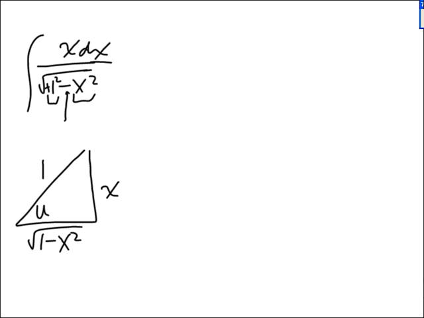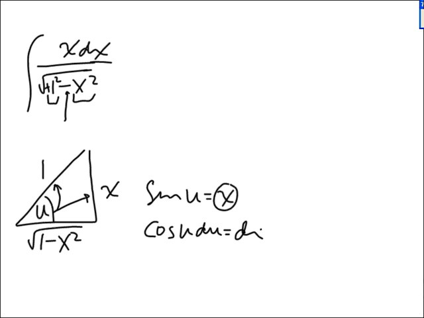If I call this u, well then opposite over hypotenuse gives me something nice. Not complicated. I can say the cosine of u is the square root of 1 minus x squared over 1, but that's too complicated. The sine of u is just x. So the differential will be cosine of u du is equal to 1 dx, which is just dx.